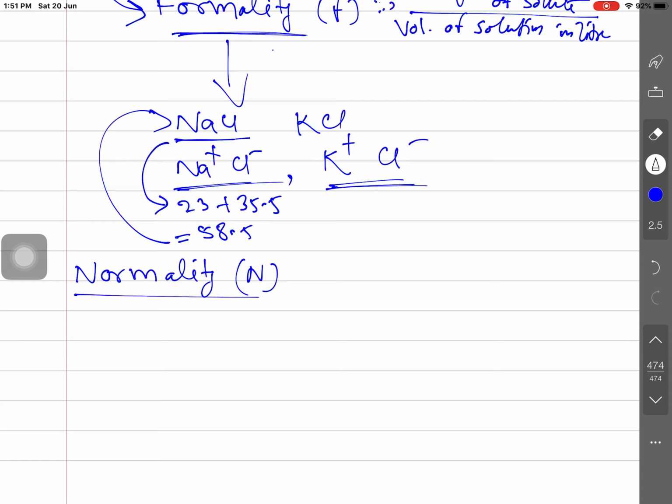Now the next very important concept is normality. It is represented by capital N. What is the formula of normality?